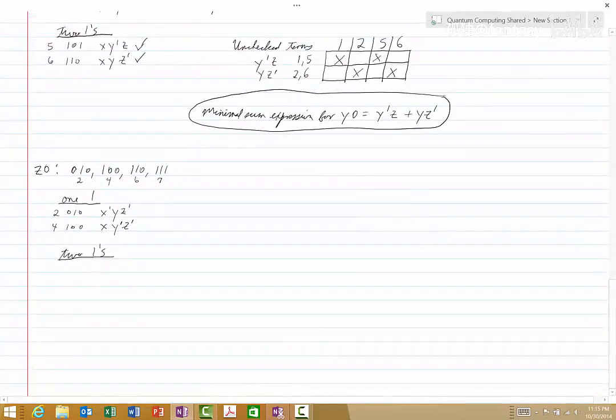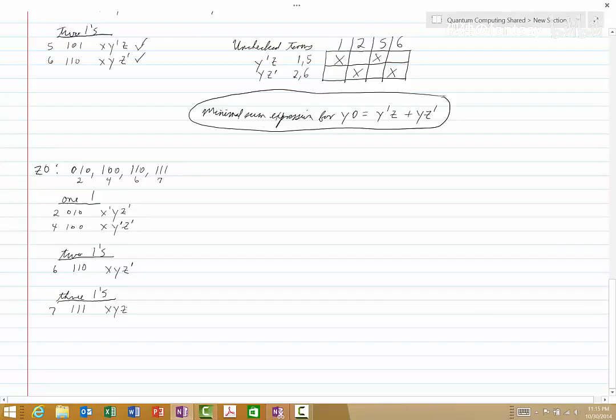Well, there's one of those terms. It is 6, 1 1 0, which is x, y, z prime. And then three 1s, there's one of these terms this time, and it is x, y, z.